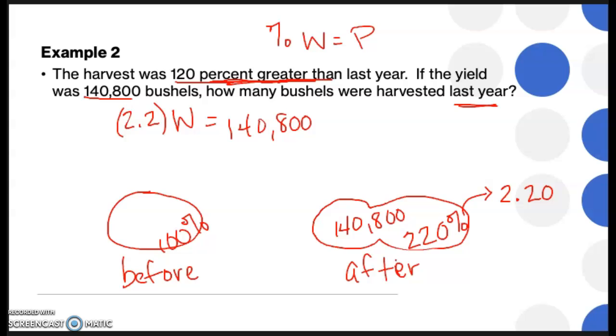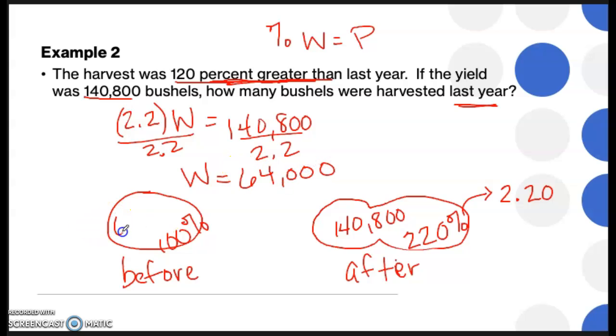So, to solve for W, you divide by 2.2 and ask your calculator, what is 140,800 divided by 2.2? And it's a pretty big number. The whole, or last year's, is 64,000 bushels. So this would be our answer.